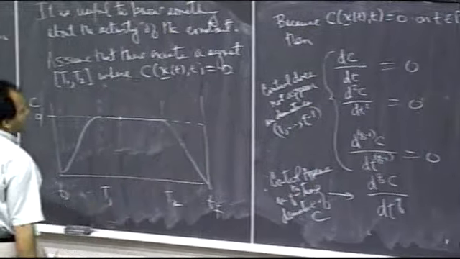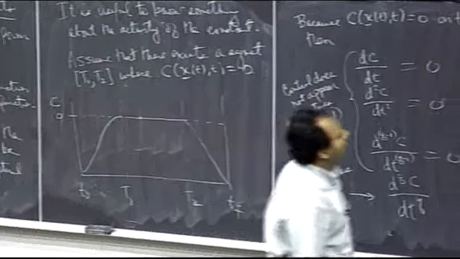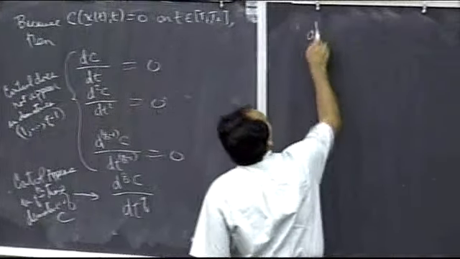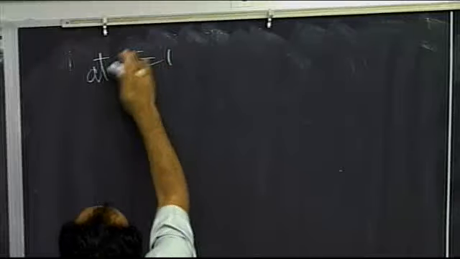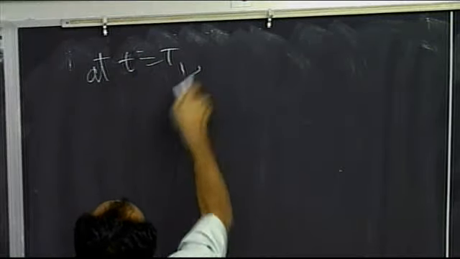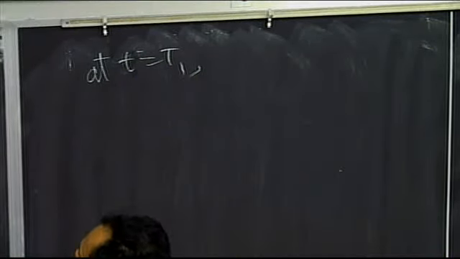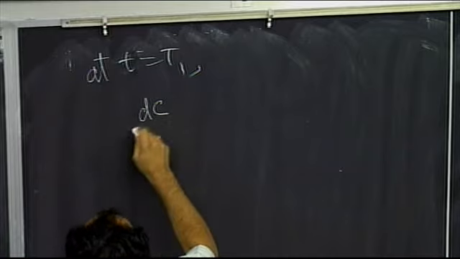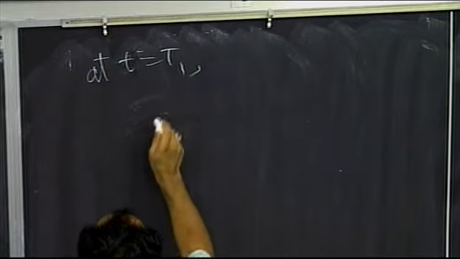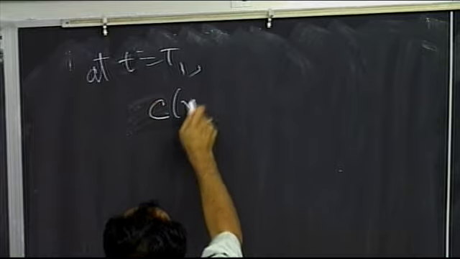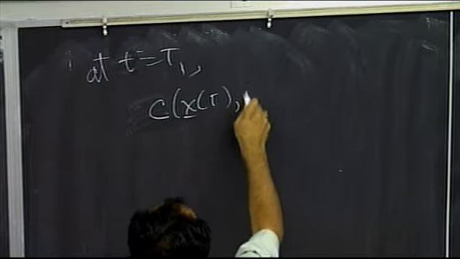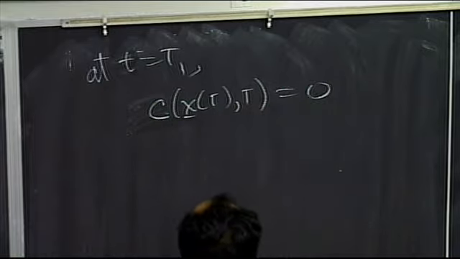So what we can do is, because that structure is known, that we're going to hit this constraint, ride it, and come off, we know that at t equals t1 the following must be true. All of these must be true. C of x of t1 and t1 has to equal 0.